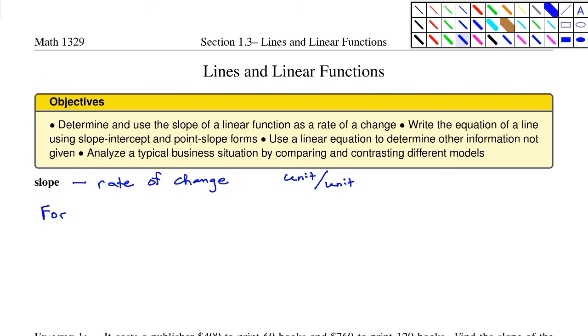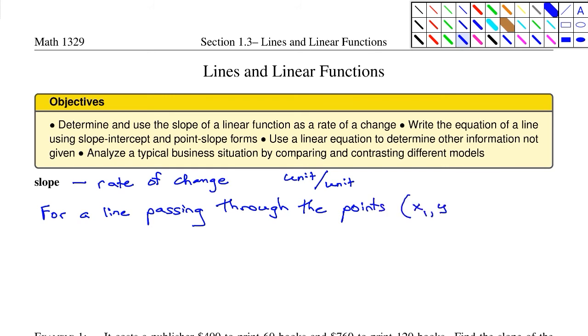So for a line passing through the points x1, y1 and x2, y2, we have that slope is equal to m, that's the symbol that we use for slope, and that is delta y divided by delta x.